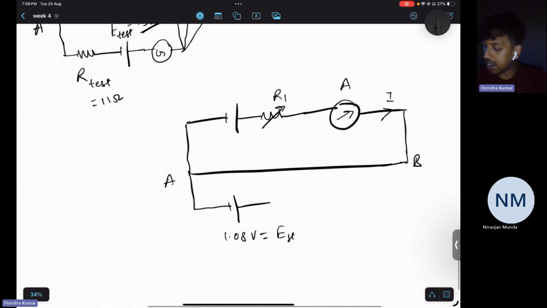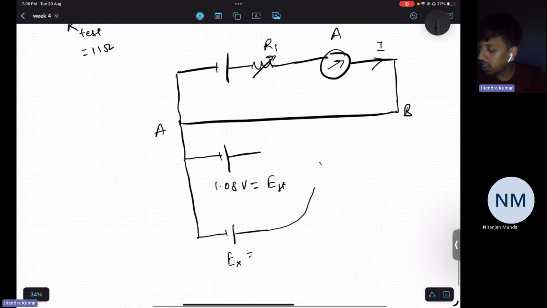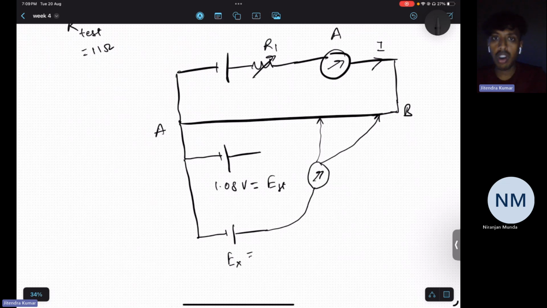One EX was there, which was the expected value, and it could be connected with a jockey at variable lengths. It could be connected here, or anywhere. The entire length of AB was 110 centimeter.